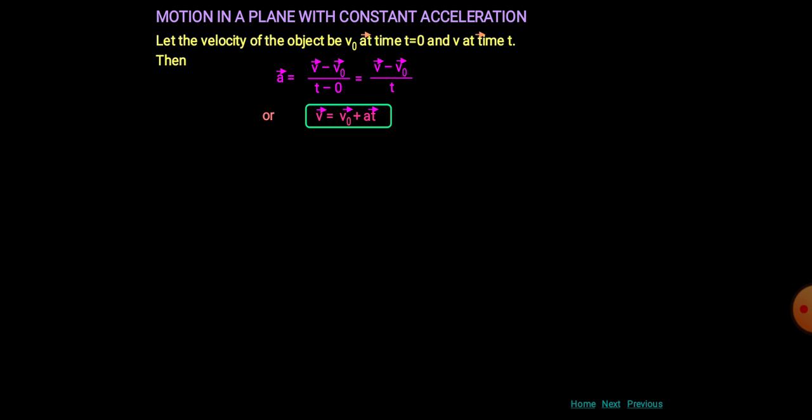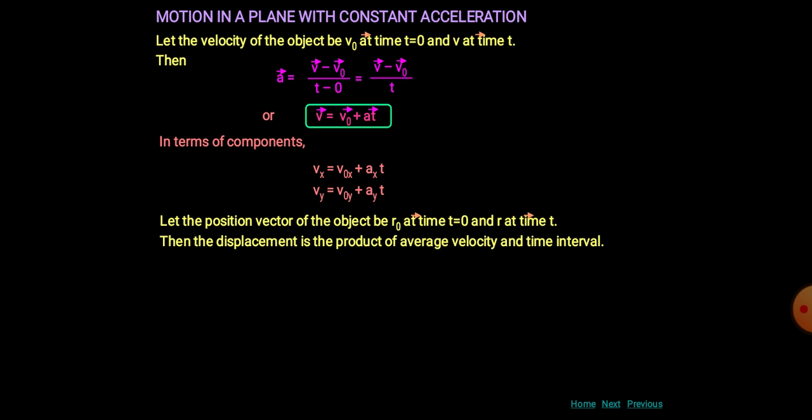Now if the t goes to this side, we get v equals v0 plus at, and it is nothing but your first equation of motion. Here we can write this equation in terms of x and y, that is vx equals v0x plus axt, and vy equals v0y plus ayt.